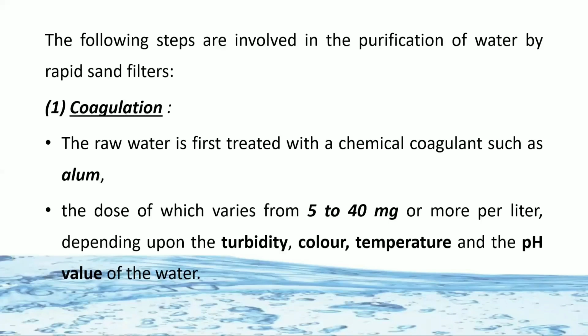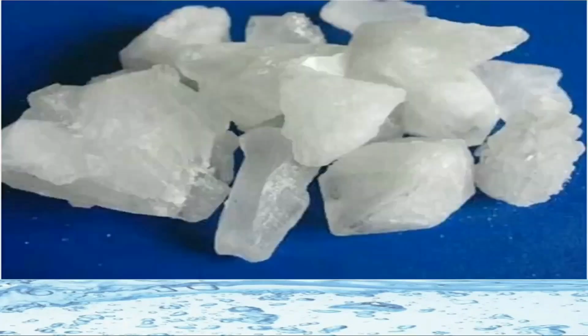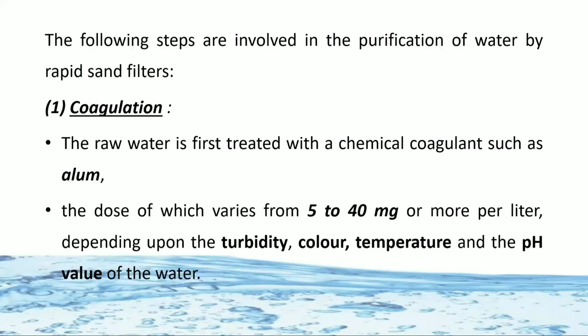Coagulation means the particles come together. How does coagulation take place? The raw water is treated with a chemical coagulant such as alum. Alum means turti. You can see alum in the image.